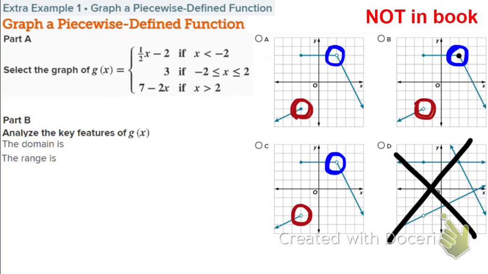Should I be looking to the left or the right of this number? For a less than, I'm going to look left. I'm going to look left of -2 on the x-axis, so that would be right here. And I'm looking at this part because this is to the left. Did they use an open dot here? No. What about here? Yes. They had an open dot. What about over here?